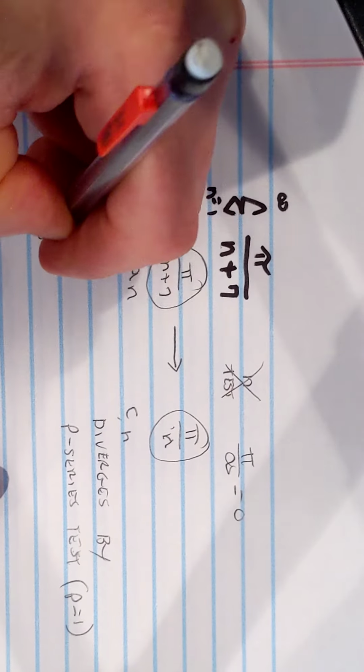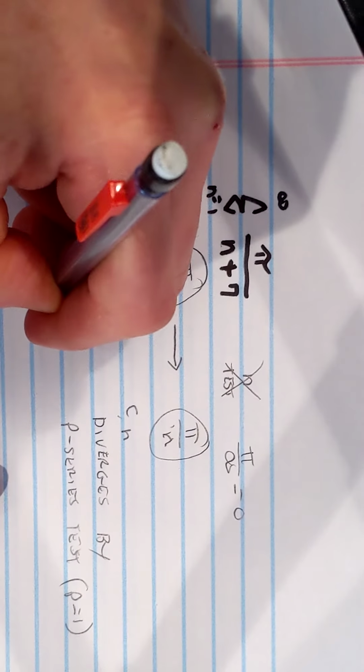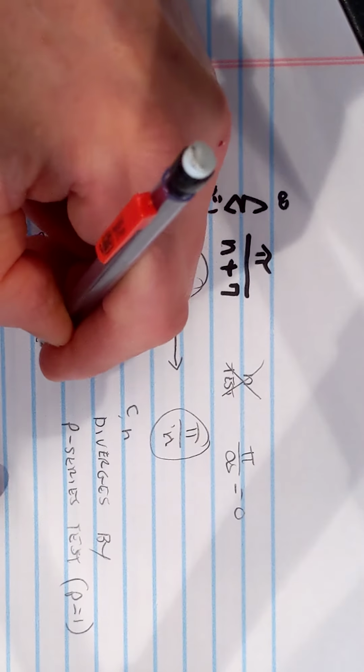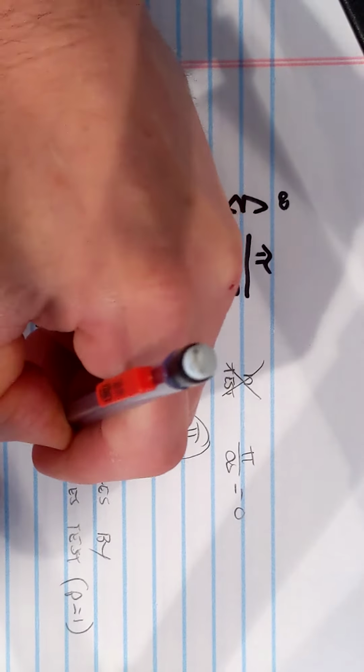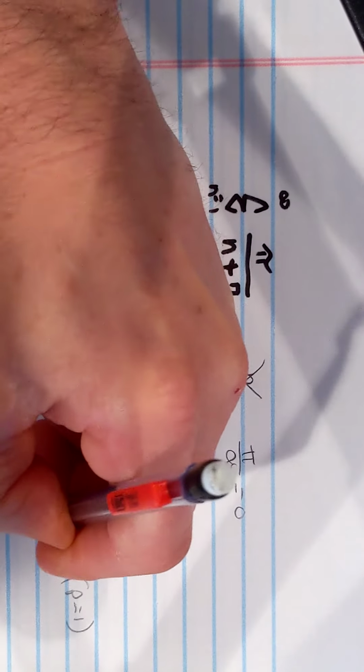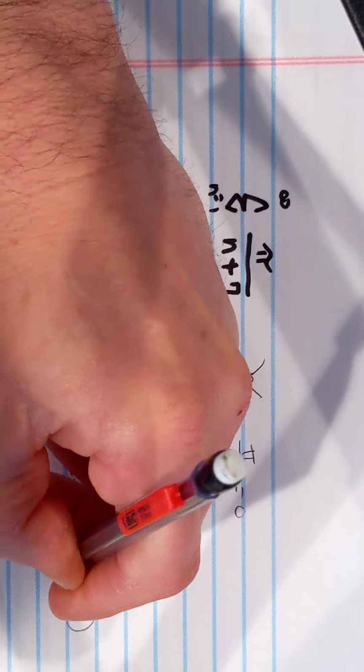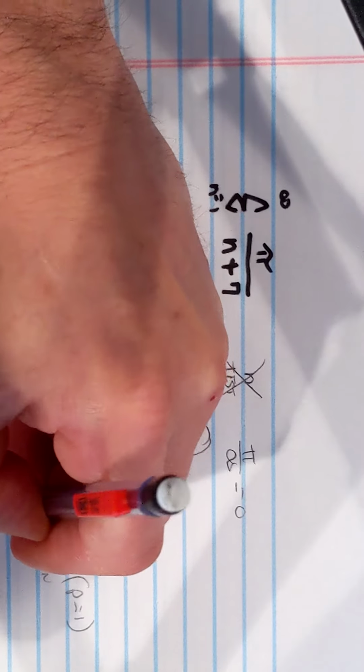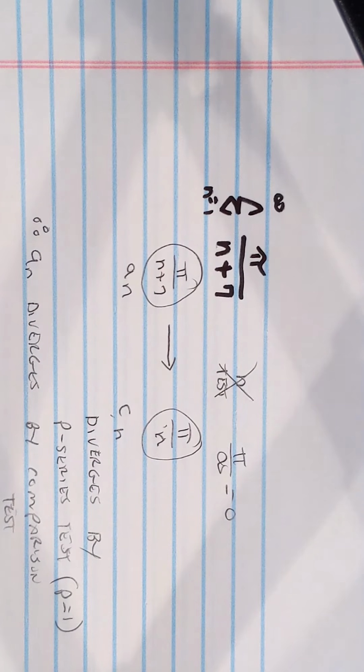Therefore, a sub n diverges by comparison test. Notice this doesn't require a whole lot of work. It's just simply identifying it.